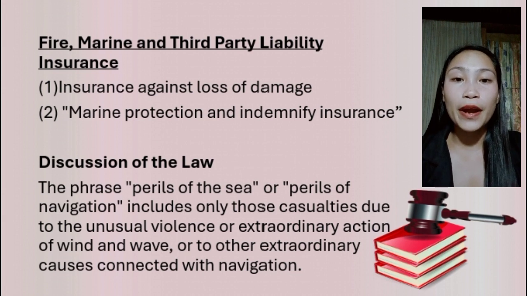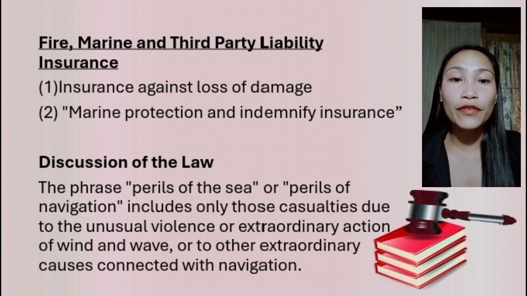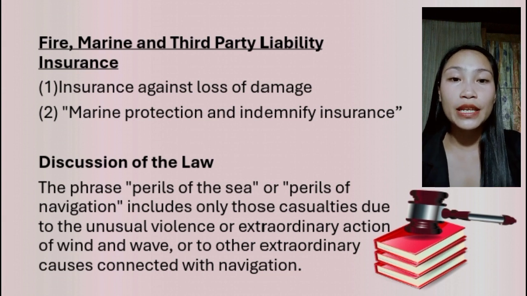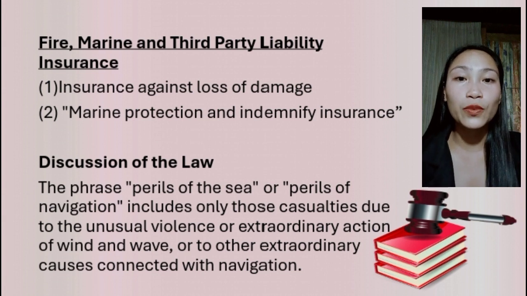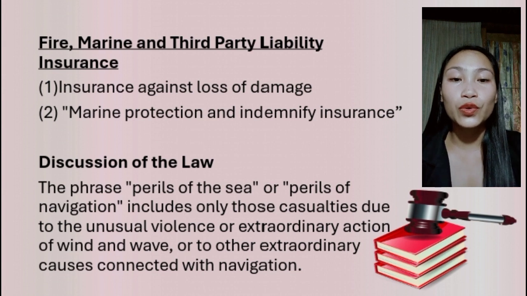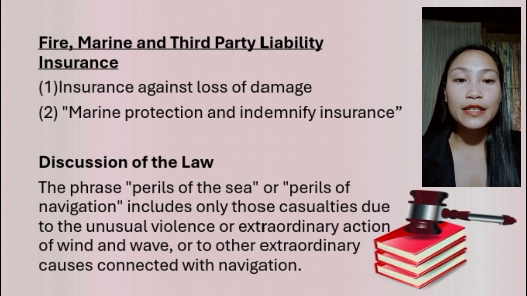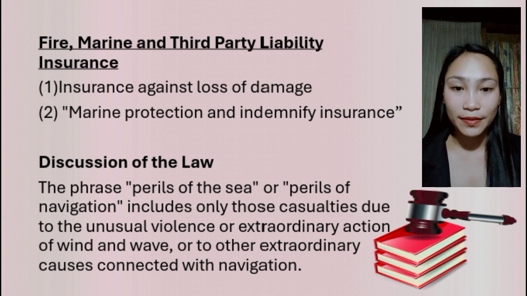The phrase perils of the sea or perils of navigation includes only those casualties due to the unusual violence or extraordinary action of wind and wave or to other extraordinary causes connected with navigation. Such a loss is rather due to what is called perils of the ship. In such case, the insurer does not undertake to insure against perils of the ship.